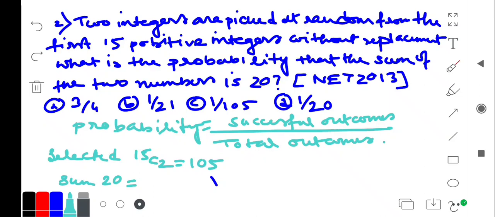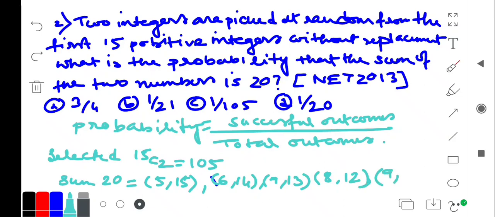Okay, so that must be 5 15 possible, 6 14 possible, 7 13 possible, and also 8 12 possible, and also 9 11 possible.